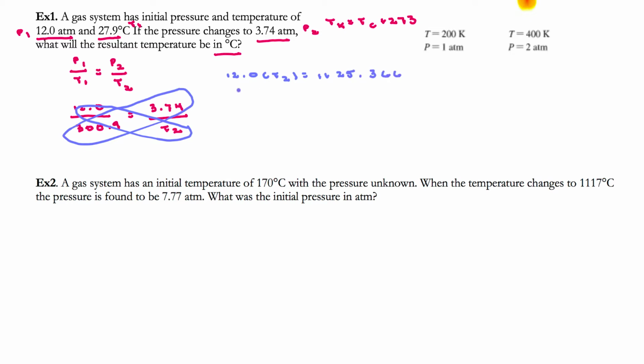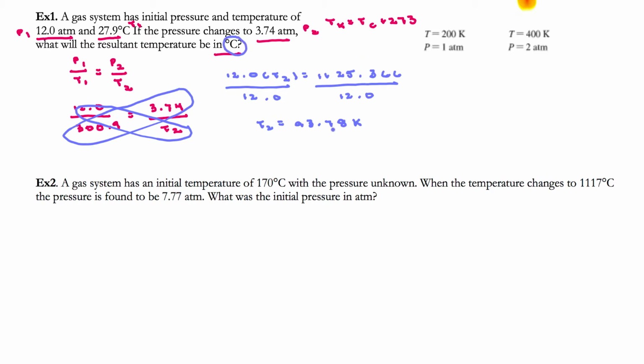Now I'm going to take 12.0 and divide both sides by that value to get T2 all by itself. Okay, and what I get for my temperature, unrounded, is 93.7805. So I'm going to just round to 93.78. Keep in mind this is in Kelvin, but I want to be in Celsius.